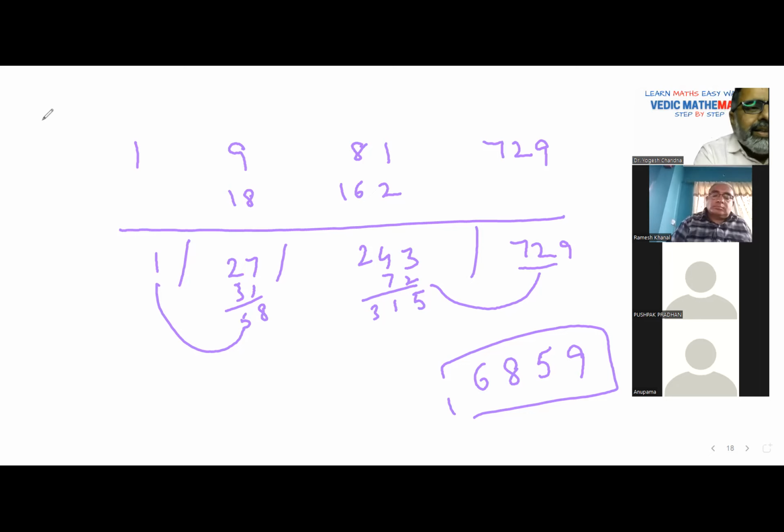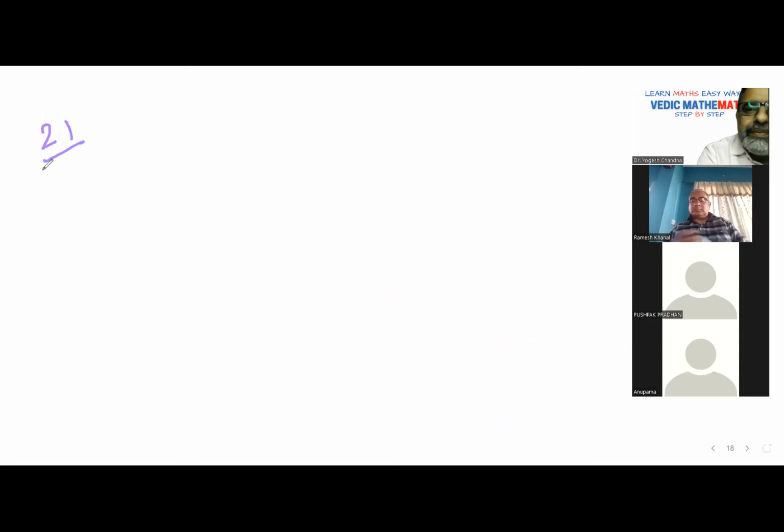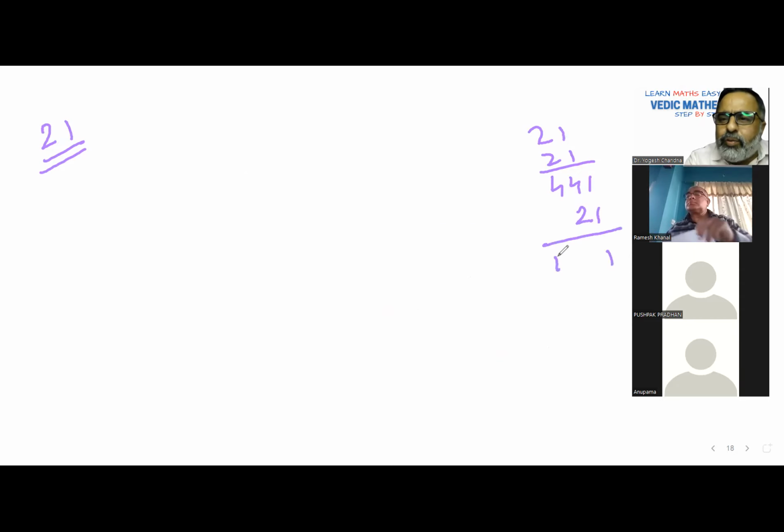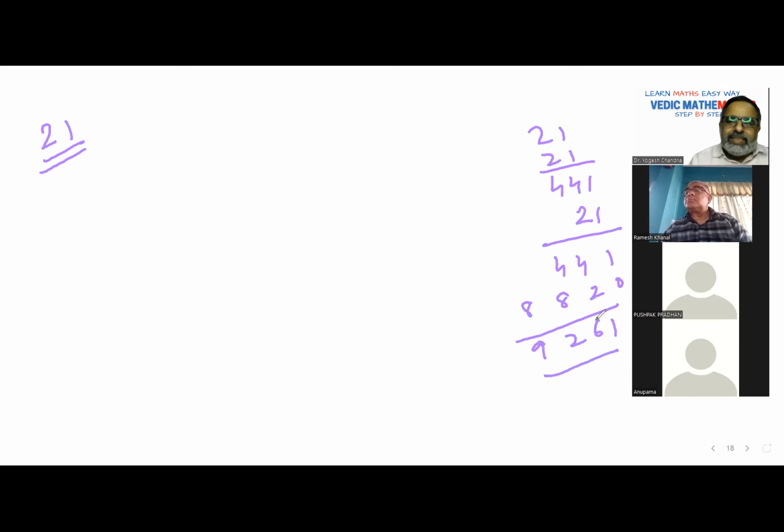Second, numbers ending with 1. So what do we do? 21 into 21, 441. We all remember, so I am not doing 2 steps. Then we again do this. And I do 441, then 0, 2, 8, 8. So it becomes 9, 2, 6, 1, correct? Now see here. 4 spaces again. Earlier I started with 1 because it was at the start.